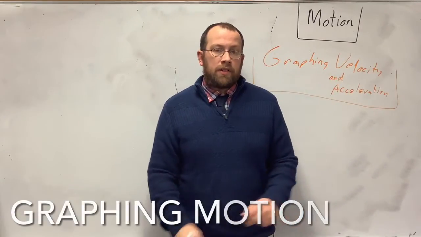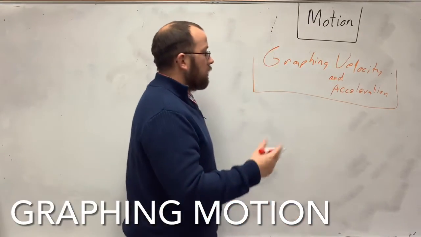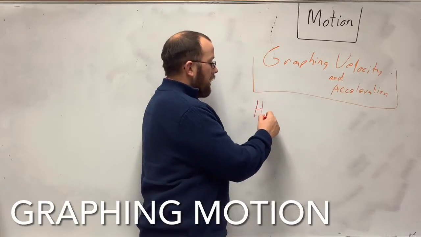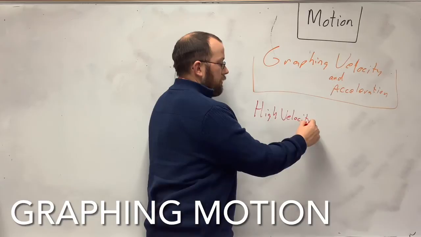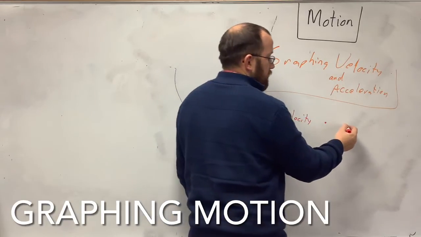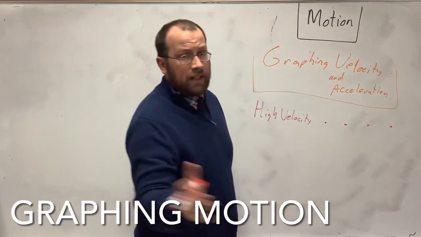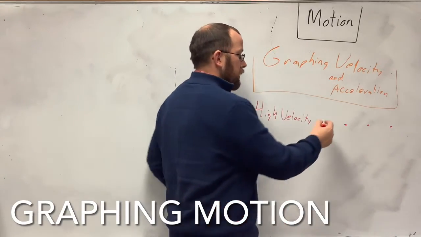All right, this is another section that's in the lesson. It's basically graphing your velocity, acceleration, or graphing motion. So if I have high velocity, those are just constant dots. Nothing's happening. It's moving at a constant rate of, let's say, 25 miles per hour.